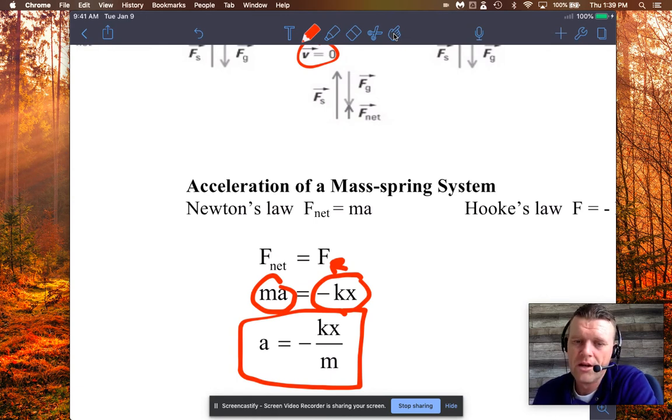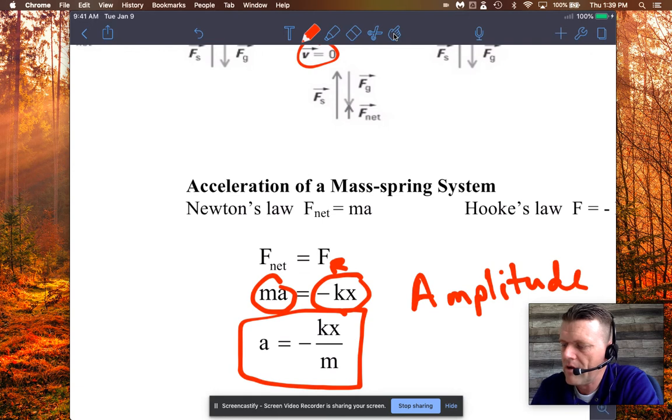And it's worth noting, again, I keep mentioning this, if you're ever dealing with an amplitude, if it ever gives you an amplitude, or big A, and you're trying to find little a, the acceleration, if you know what the amplitude is, you substitute that in right there for x, because A is just a special x.